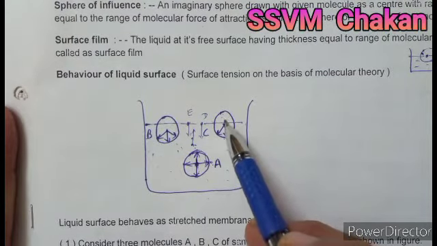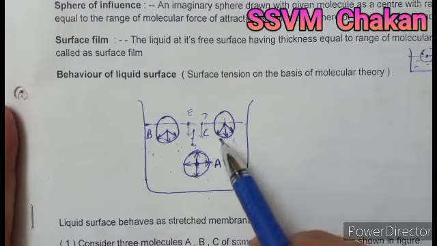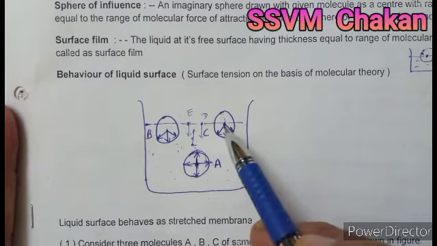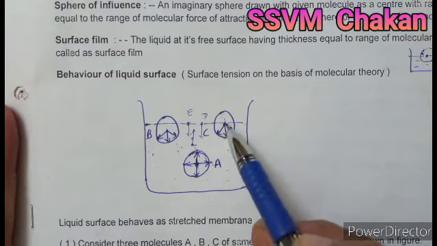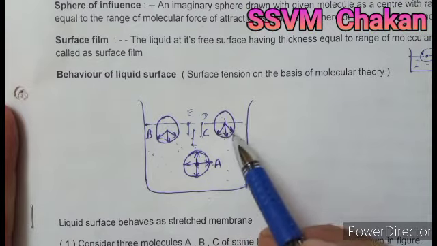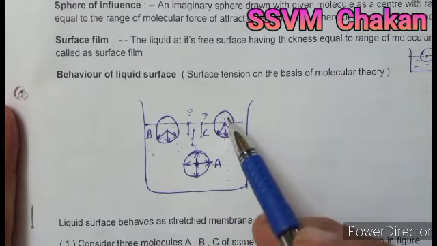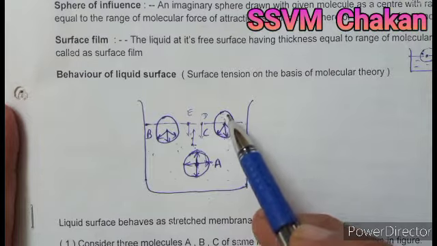Molecule C is on the top surface of the liquid. Half of its sphere of influence contains air particles, which are few in number, but in the remaining half of the sphere of influence of molecule C, the other liquid particles are present. The cohesive force applied by these liquid molecules on molecule C is larger than the adhesive force applied by the air particles.